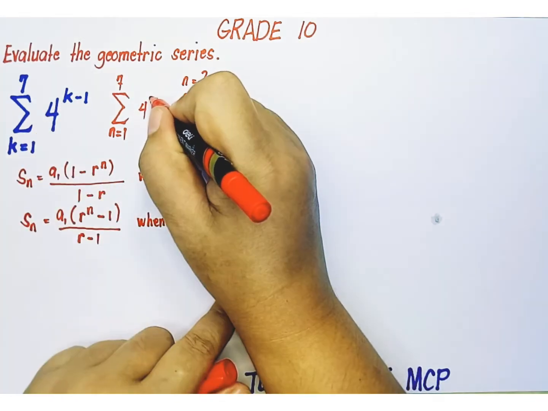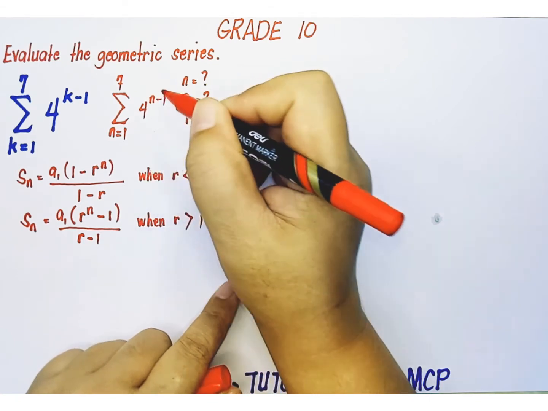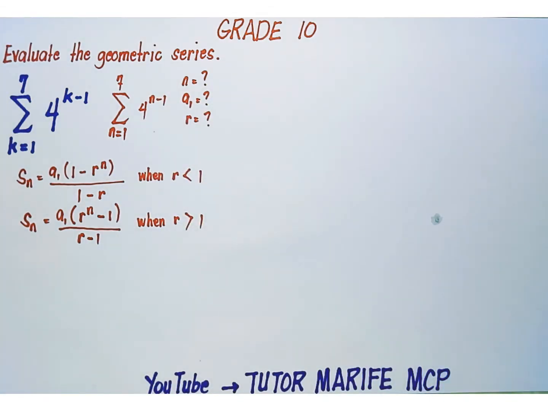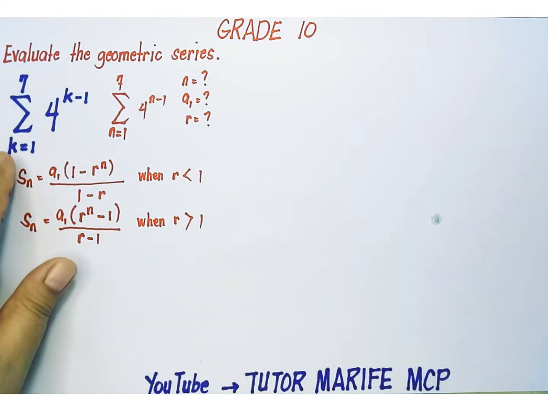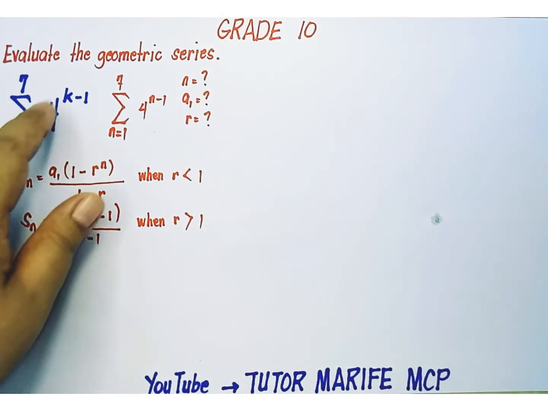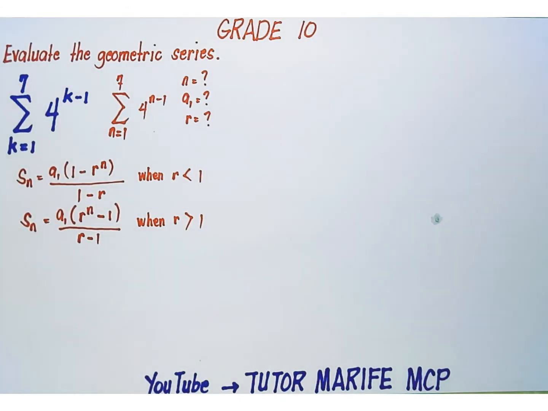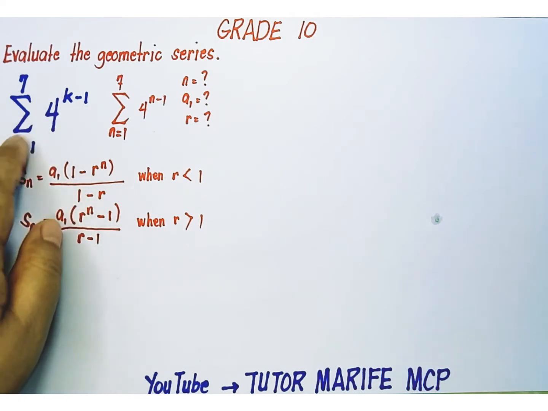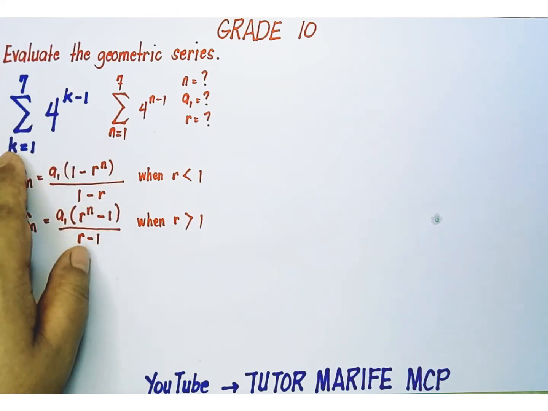Tapos ito rin magiging N. Okay, so wag ma-overwhelm kung bakit bigla ka nang nakakita ng letter K. Kasi mula sa intro ng geometric sequence, geometric series, madalas ang ginagamit mo ay N, tapos bigla ka ngayong may letter K. So, yun lang yun. Ito kasi pwedeng mapalit-palitan. So, this is actually the N.